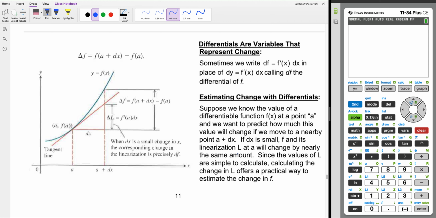So what I can get is if I have some change in x corresponding to that change in y, I have a way of predicting these values. So basically what this is saying is if I have a value that starts at, we'll call this a, if I have a plus delta x, that would get me to this location, and I'm going to have some corresponding change in my function value.